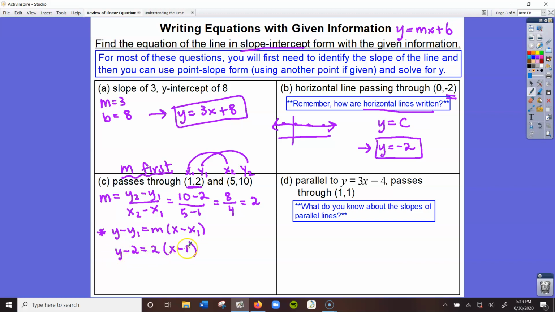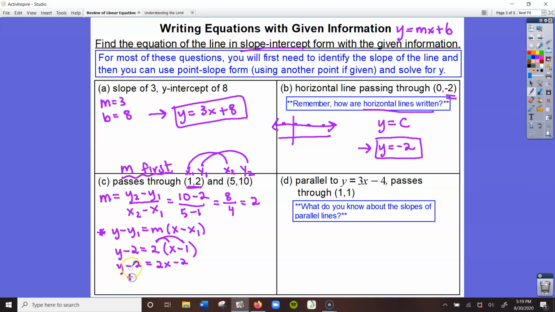From point-slope form, there are 2 steps to take in order to get it to look like y equals mx plus b. The first step is to distribute. So I'm going to distribute that 2, and I'm going to get y minus 2 equals 2x minus 2. Then the last step would be to add or subtract whatever number is attached to the y.